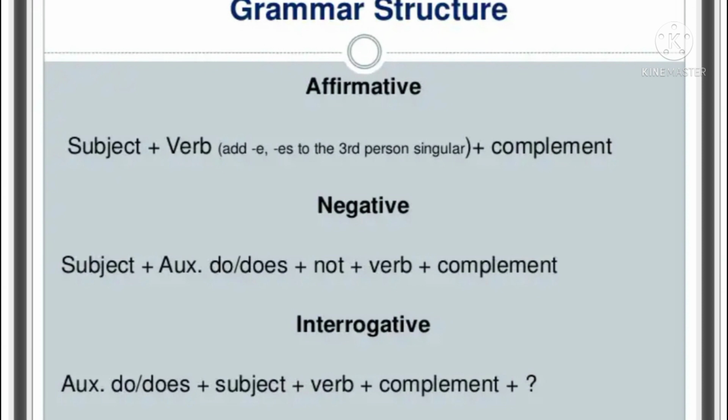Here, after using do or does, we should not use s or es along with the verb. It is not "she doesn't seems sad." Also, for interrogative sentences: does she seem sad? Keep it in your mind when you frame positive, negative, and interrogative sentences.